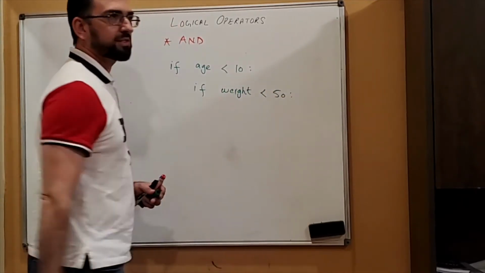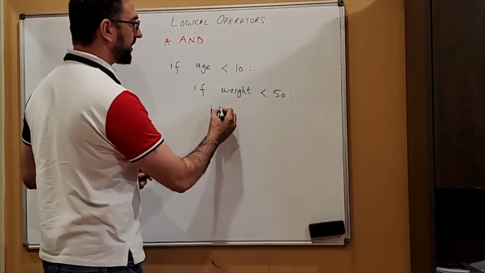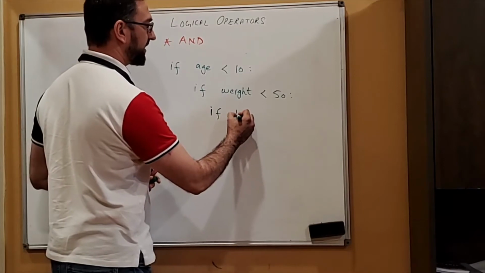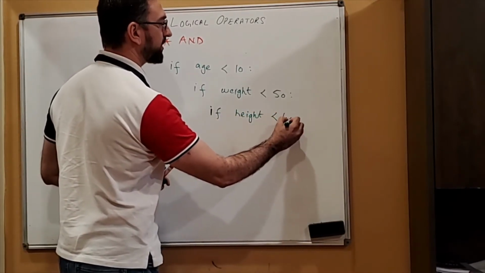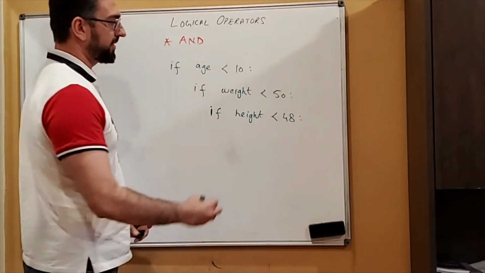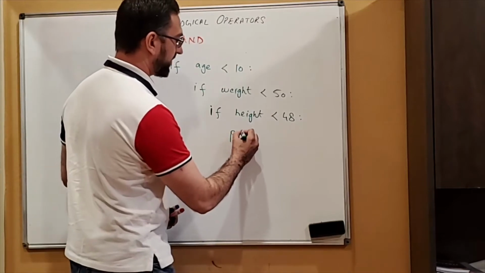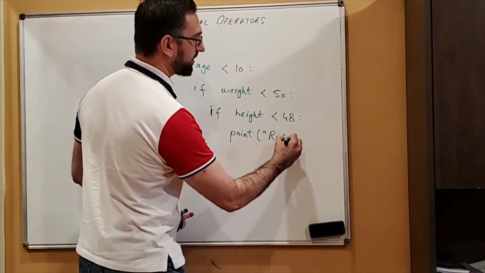But again, that's the second criteria. The third one we have to check inside is height is less than 48 inches. Now, if all these three criteria are met, then we can say that this person can ride, correct?